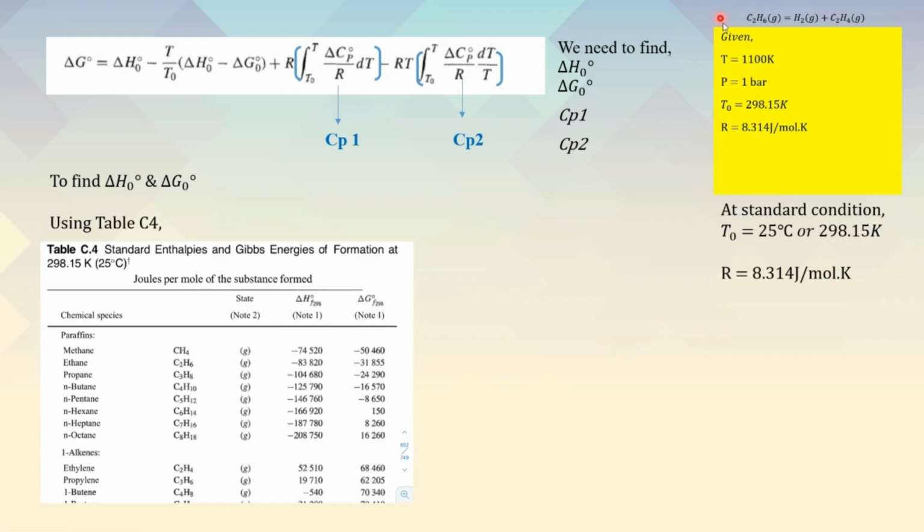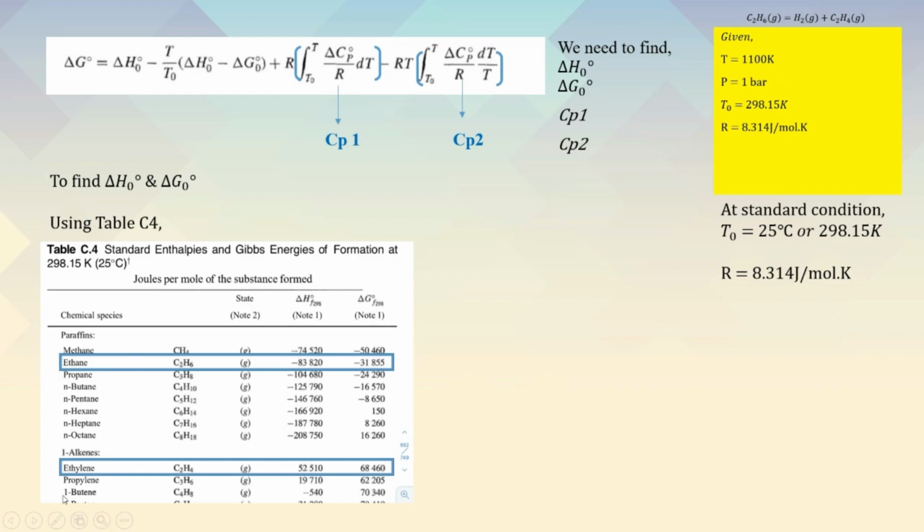The reactant is ethane and the product is hydrogen and ethylene. In this case, hydrogen is not taken into consideration because the value of standard del H and standard del G for hydrogen is 0. So for ethane and ethylene, the values are highlighted as shown in the PPT.